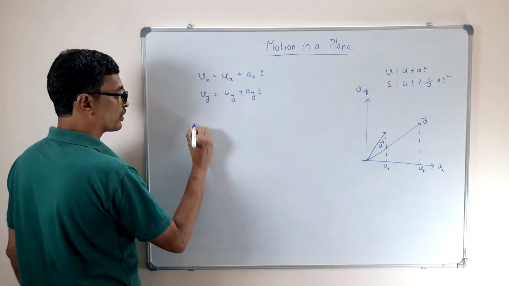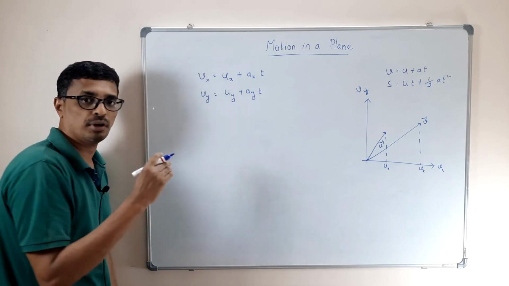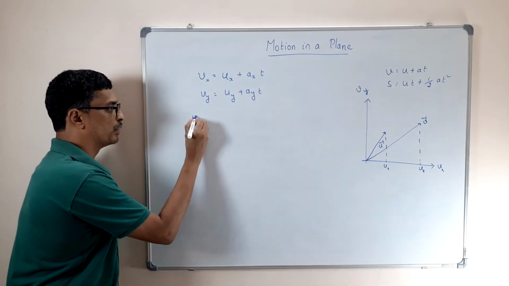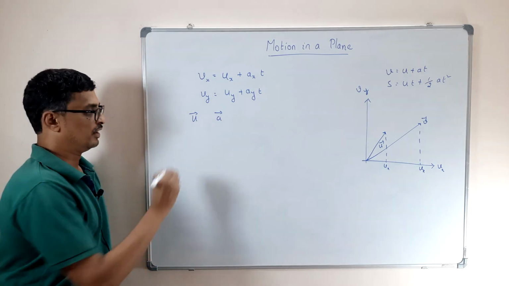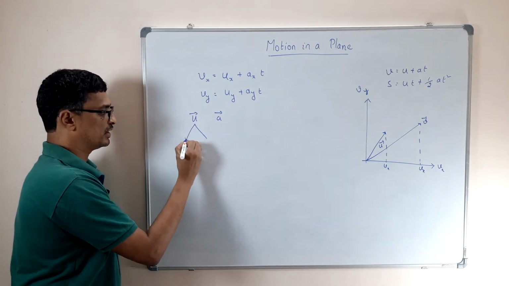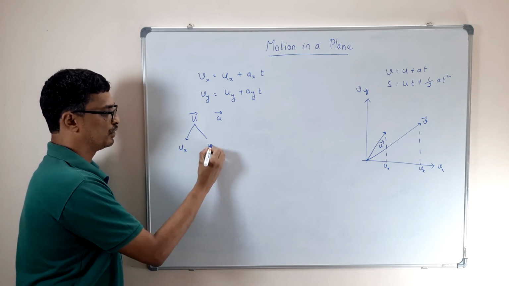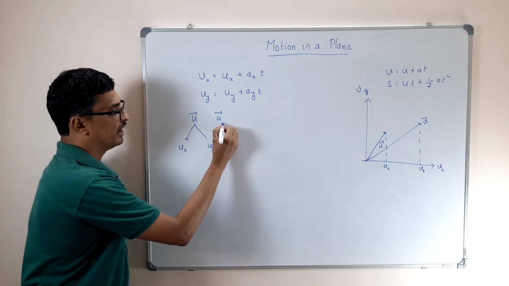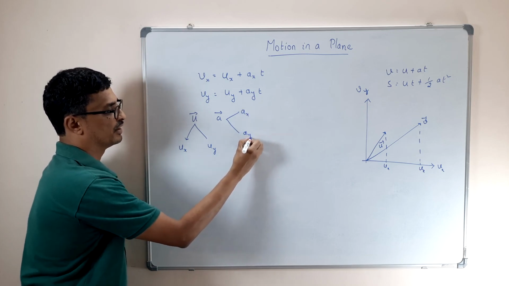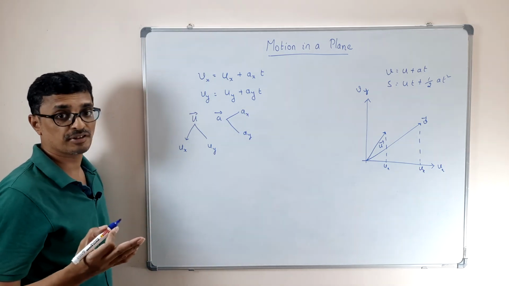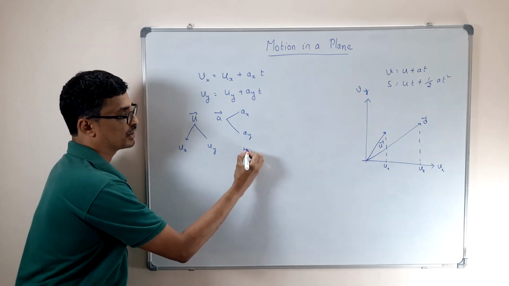Say I give you the initial velocity u vector and the acceleration. Resolve it into two components, ux, uy, and resolve the acceleration into ax, ay. And I ask you what is the final velocity after a certain time duration t.